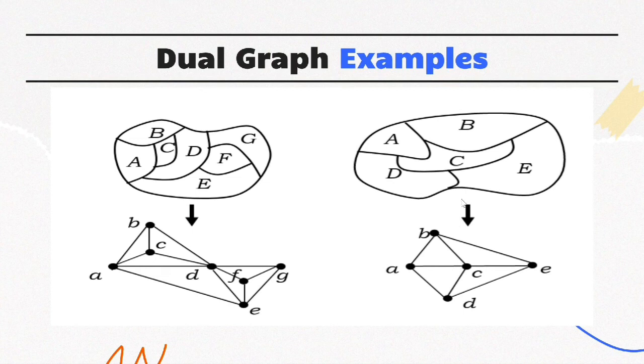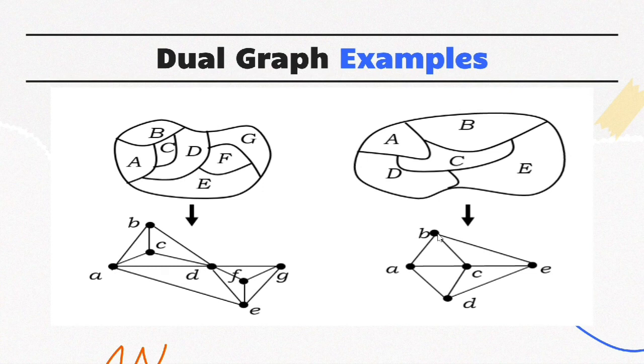So let's take a look at the other map, which is represented by a graph. Regions B, A, D, C, and E, they are five regions, so they are represented by five vertices. We have B, A, C, D, and E. And take note that B, A, C share common boundaries, so they are connected by line segments, or what we call edges, right?